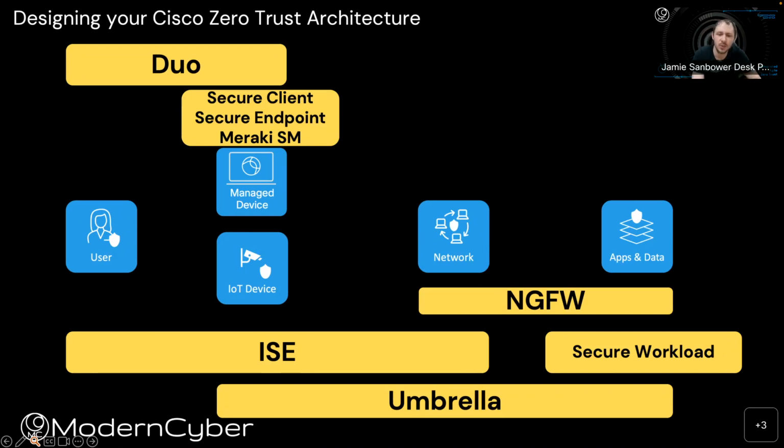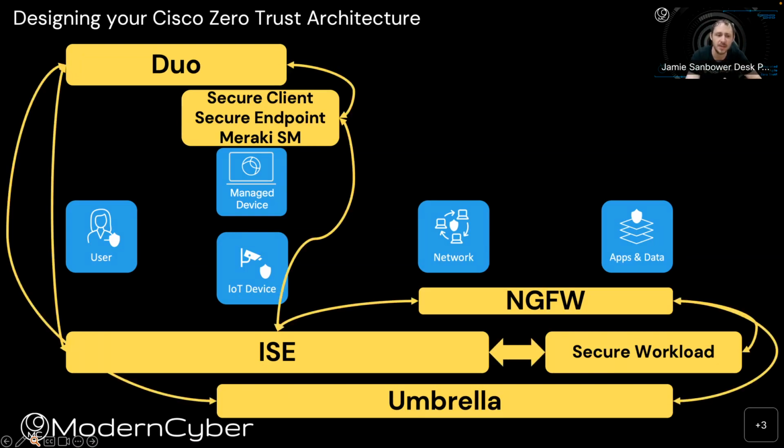Now, all of these tools by themselves, you could probably put a third-party or competitive product in place where these boxes exist. The challenge with that is that where Cisco really shines is the integrations that help organizations operationalize this type of architecture.